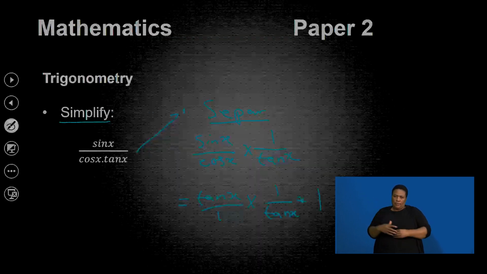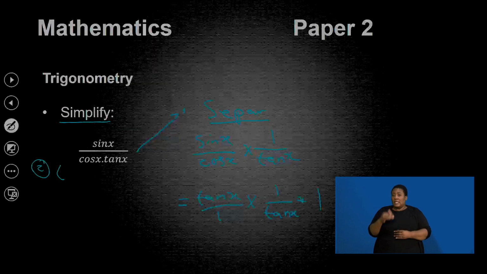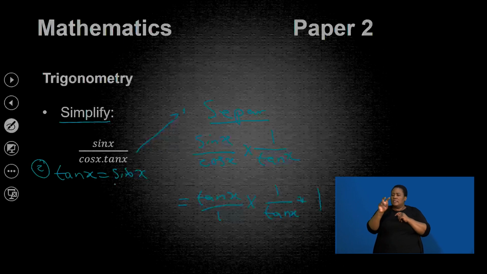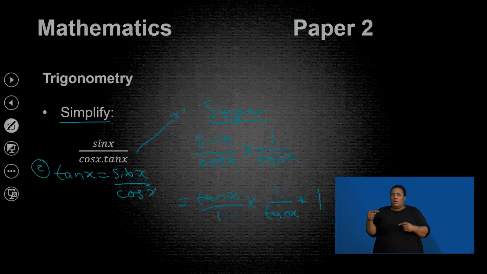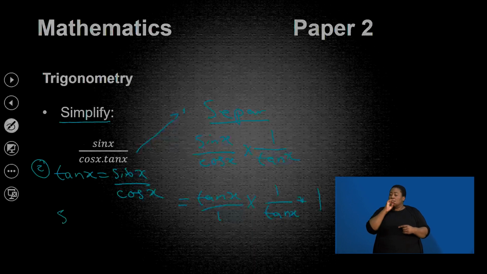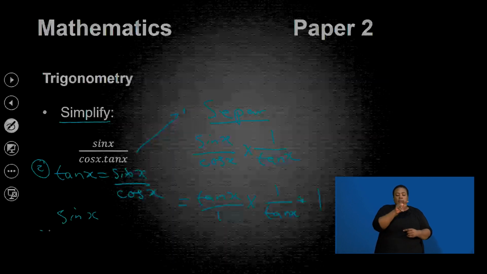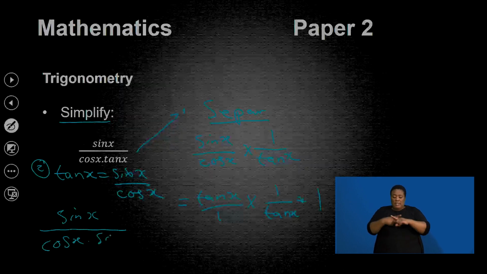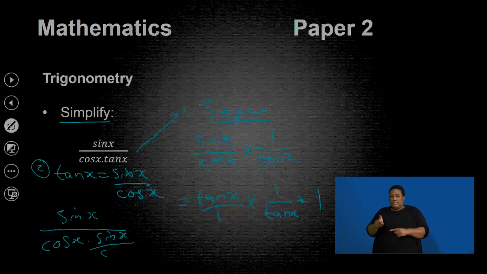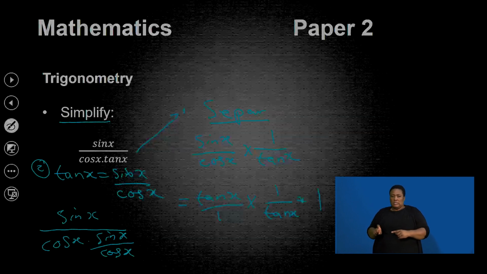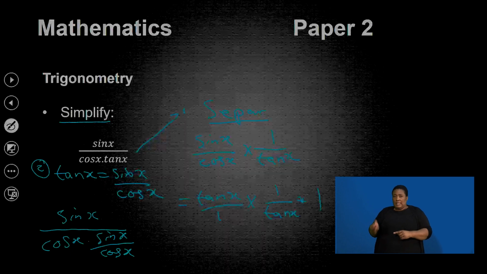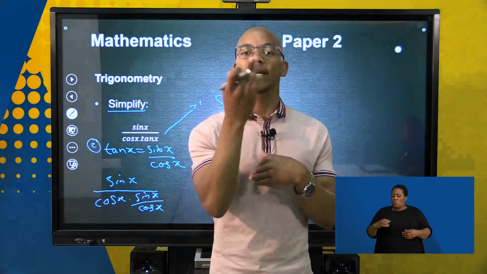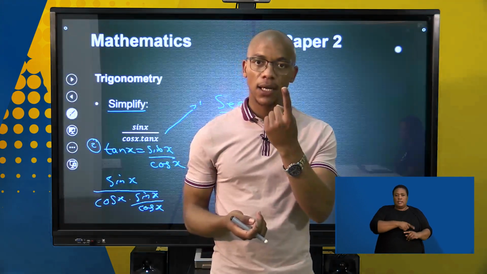Or one other way would be if you first change the tan x to be equal to sine x over cos x. So what do I mean? This is going to be sine x over cos x multiplied by sine x over cos x. And then you can already see from that question that the cos and the cos in the denominator will divide and you'll be left with sine over sine, which automatically is 1.